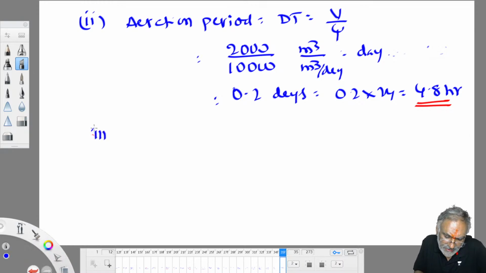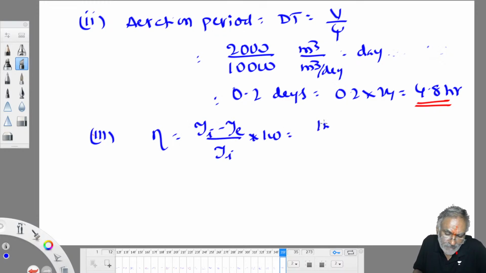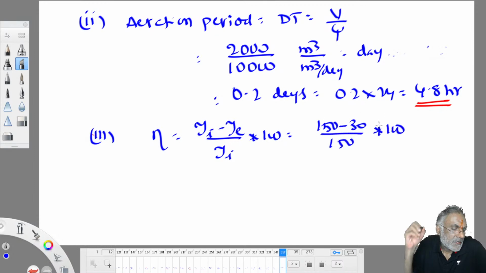BOD, next question. BOD removal efficiency. (120 by 150 into 100).